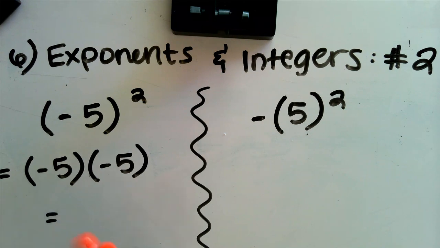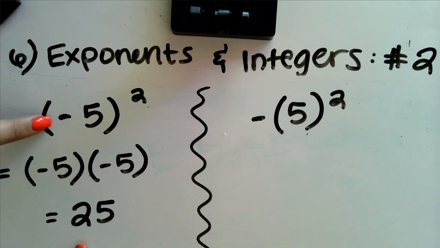And we know that -5 times -5 is going to equal a positive 25, because a negative times a negative is equal to a positive. So over here, with the negative inside the parentheses, we end up with a positive 25.